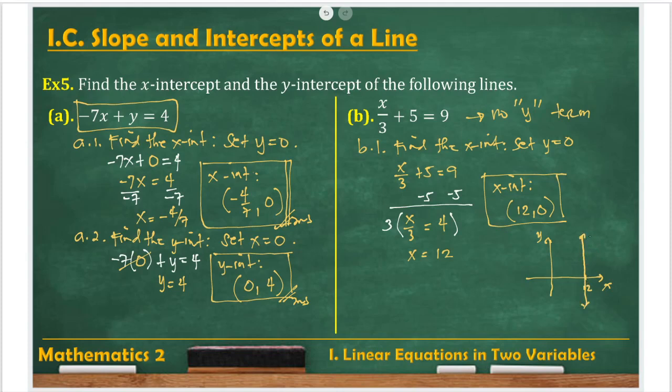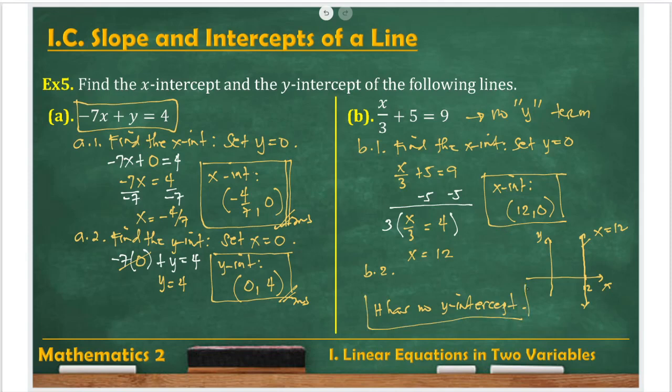So this is the graph for x is equal to 12. As we can see, the line is parallel to the y-axis, and by observation, it will never cross the y-axis. So therefore, this equation has no y-intercept. The line has no y-intercept.